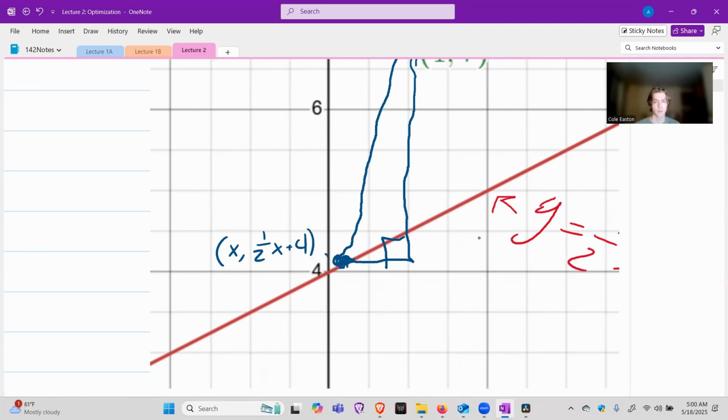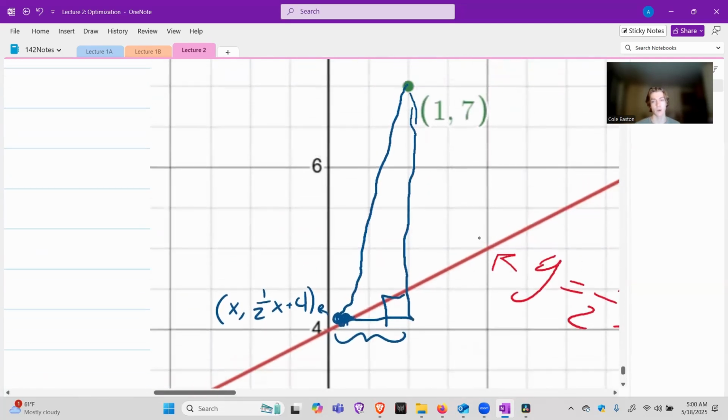That's this point. And then how are we going to find the length of the bottom of the triangle? Well, it's the distance between the x coordinate of my point on the bottom and the x coordinate of my point on the top. So the bottom of this is going to be 1 minus x, and this height starts at the y value of 1/2 x plus 4, and it goes up to 7.